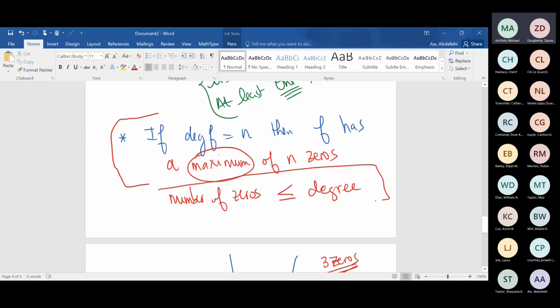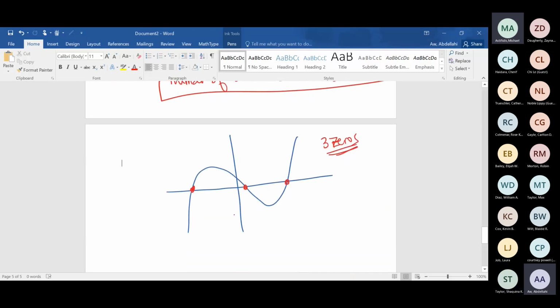Okay, thank you. That is the theorem. The number of zeros of a polynomial at the most is equal to the degree. So if this is three zeros, which is less than or equal to the degree, it means the degree is at least 3, or 4 or 5 or 6 or 7 or 8 or 10, right? It couldn't be less than 3, okay?